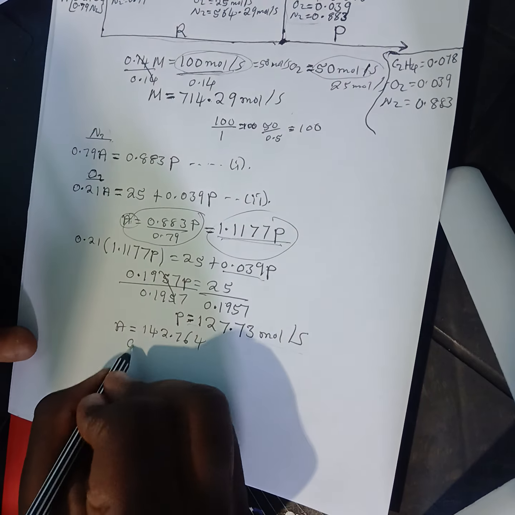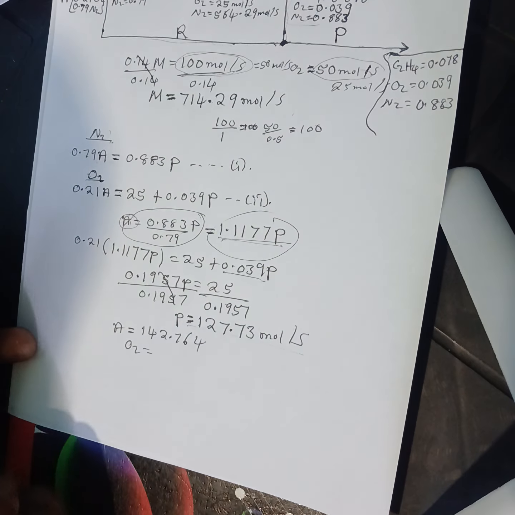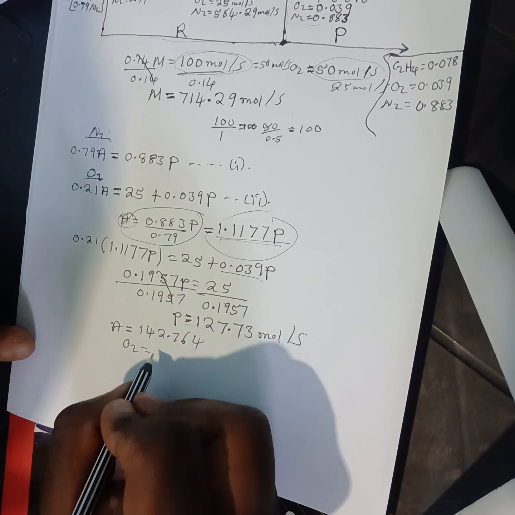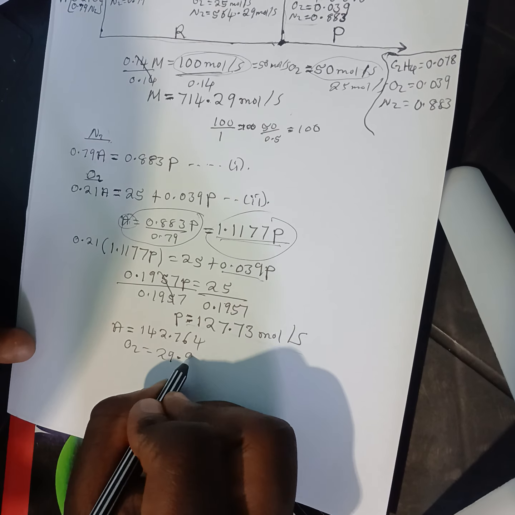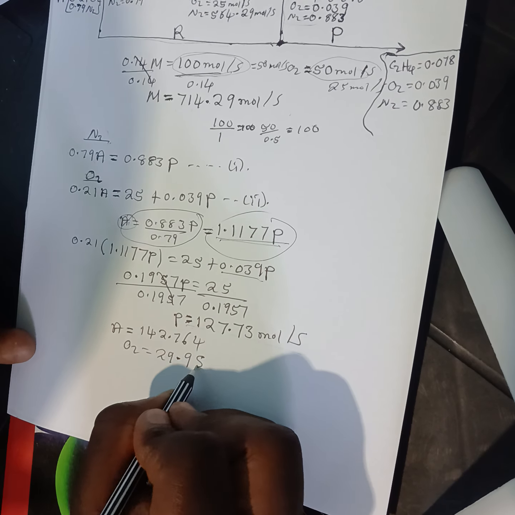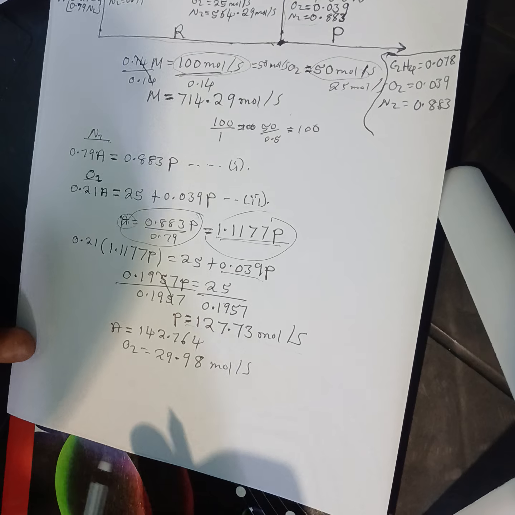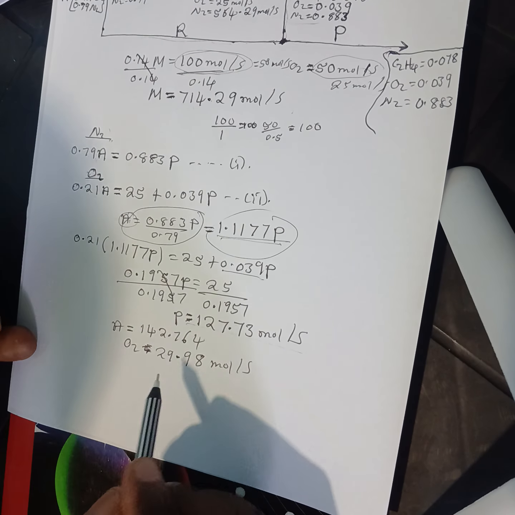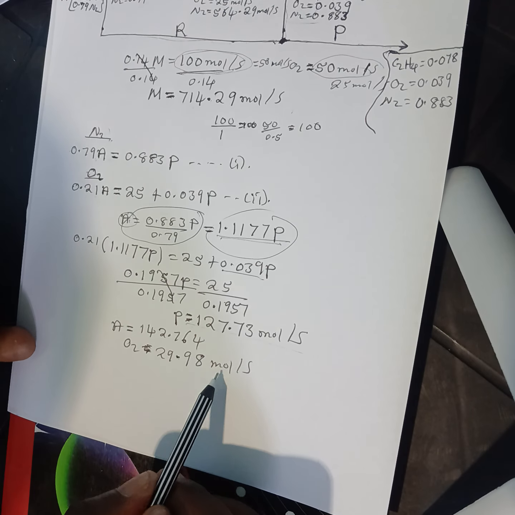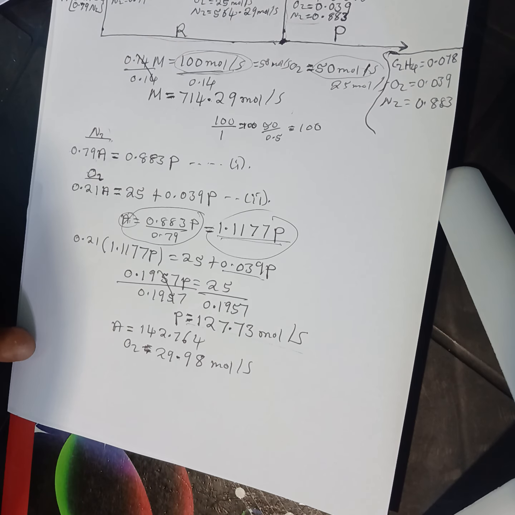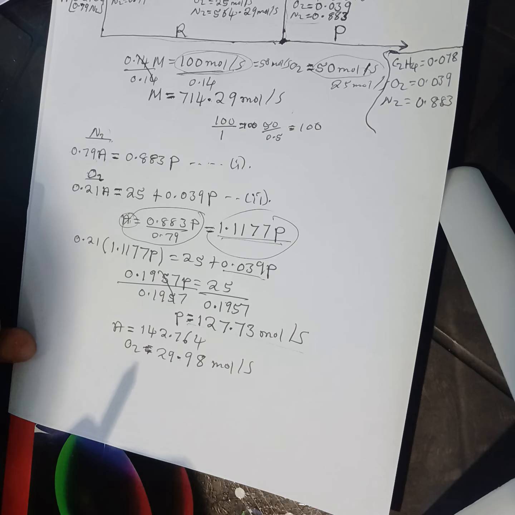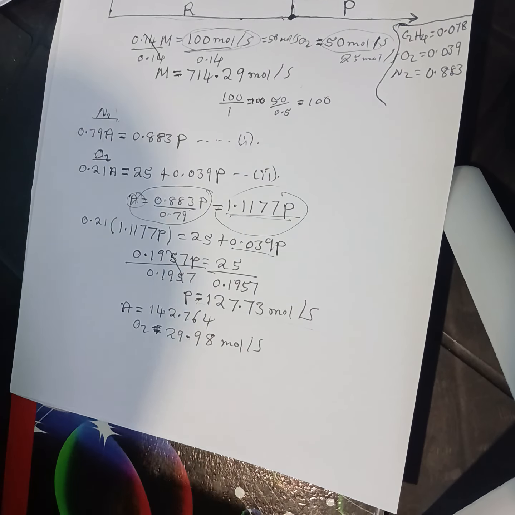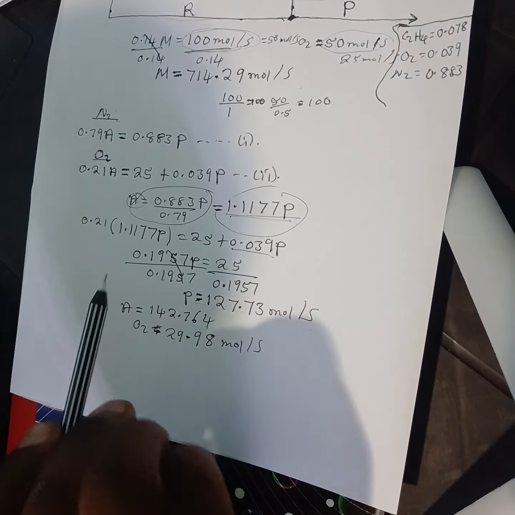So the amount of oxygen entering will be equal to this same figure times 0.21, which gives us 29.98 mole per second. So the amount of oxygen present in the fresh feed is 29.98 mole per second.